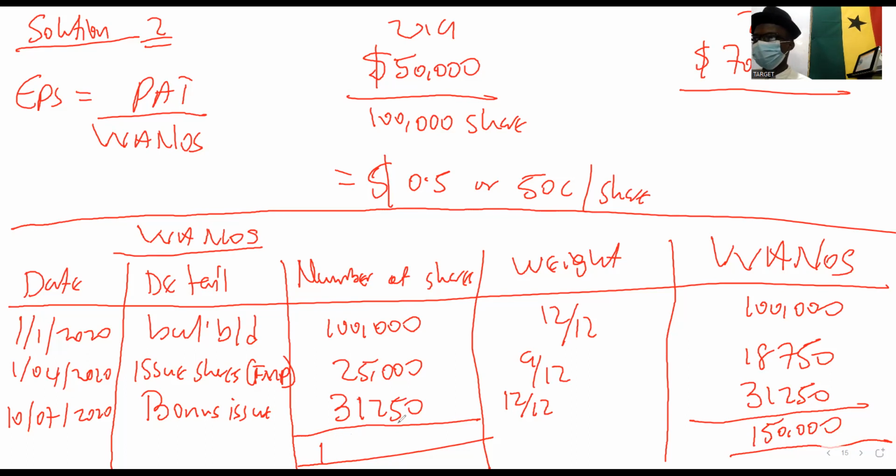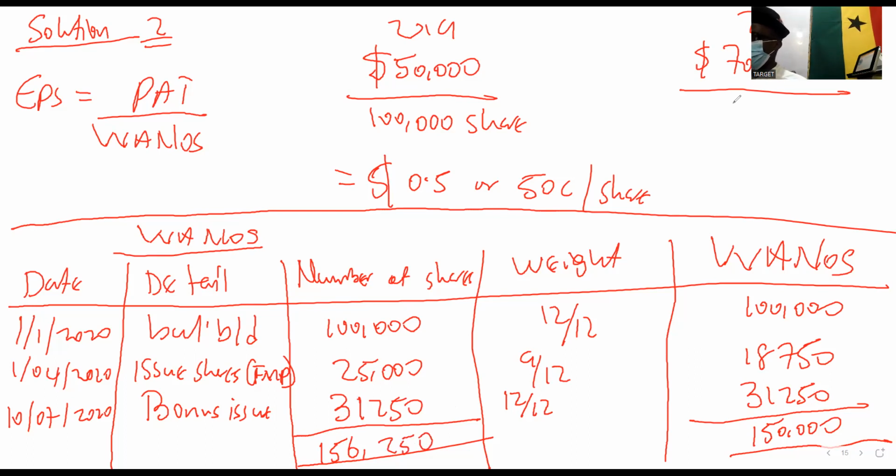We must calculate this side too. That will be the total number of shares. Give me the total number of shares. 125,000 plus 31,250 is 156,250. Confirm for me that the answer is correct.